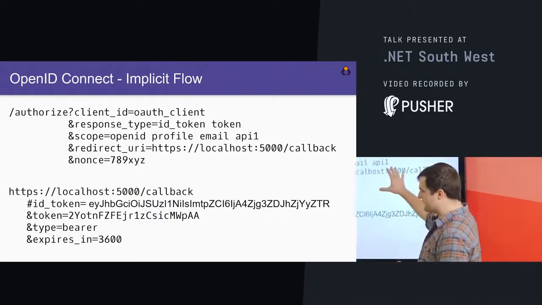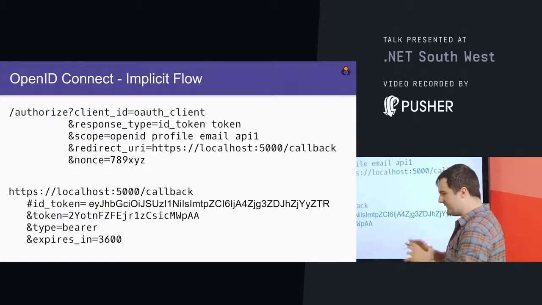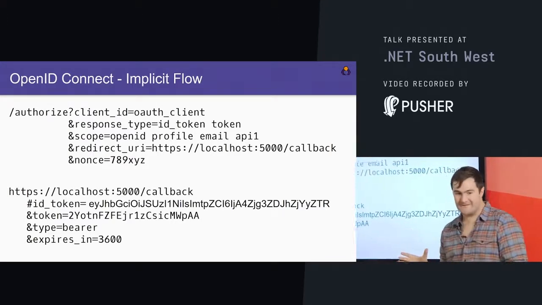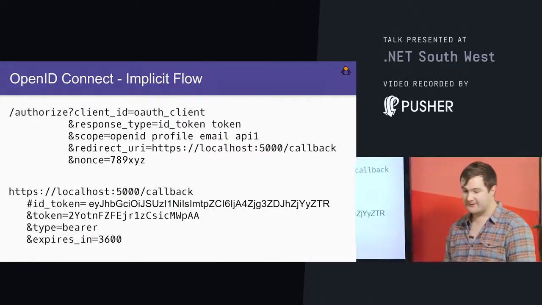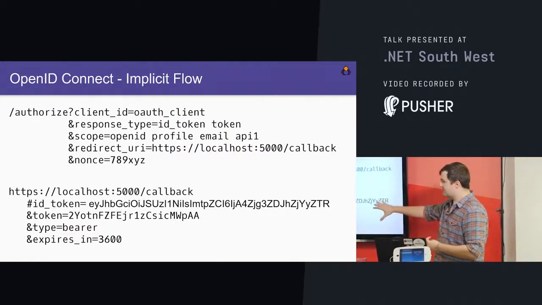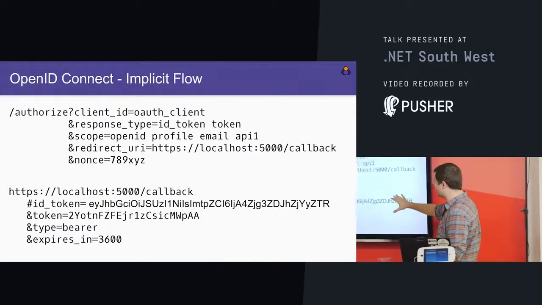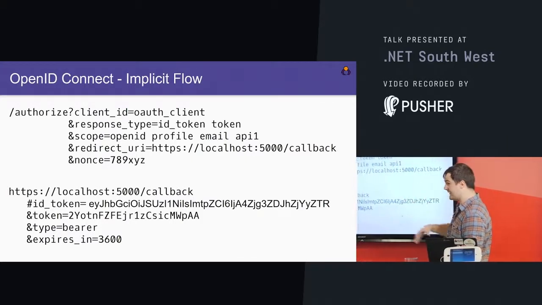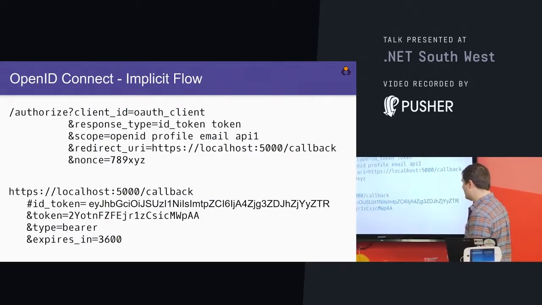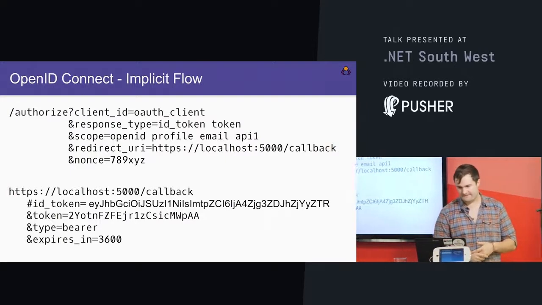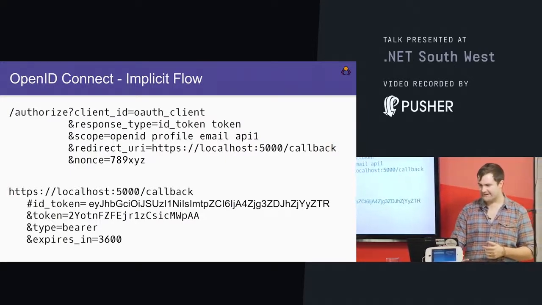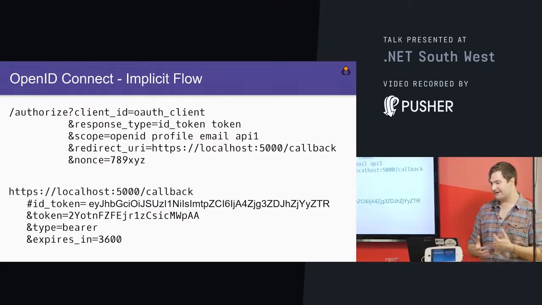As a result of this authorization request, the user is going to be redirected to the identity provider. They're possibly going to log in, or they might be logged in already. Then via the browser, we get redirected back to our callback, our redirect URI, and we include the tokens in the hash fragment. Using the hash fragment is mainly, again, to minimize attack surfaces.